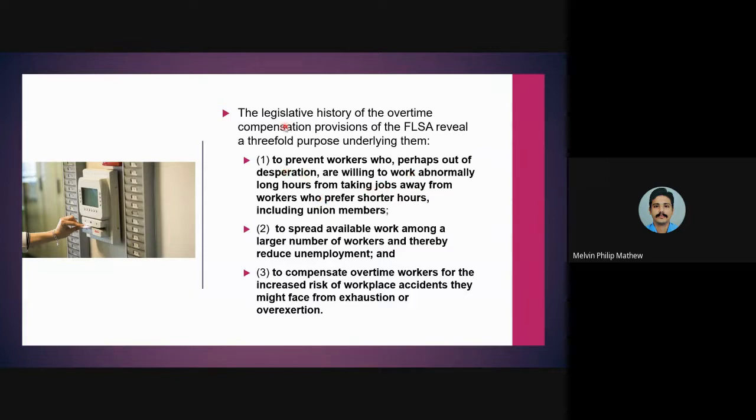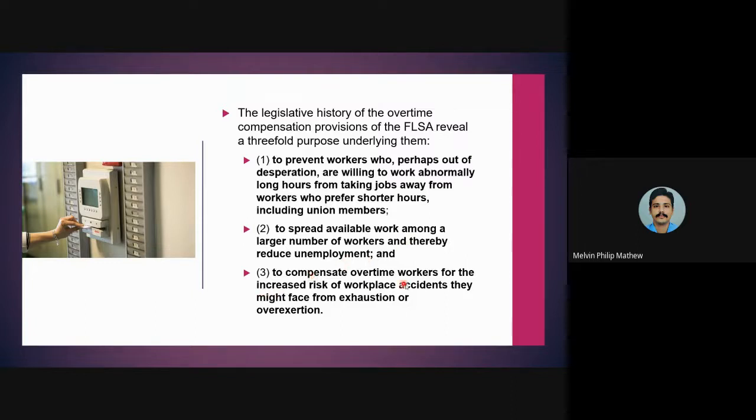One of the reasons for the laws regarding overtime production is to prevent workers, perhaps out of desperation, from being entitled to work abnormally long hours because they are in need of money. Then, to spread the available work among a large number of workers and thereby reduce unemployment.